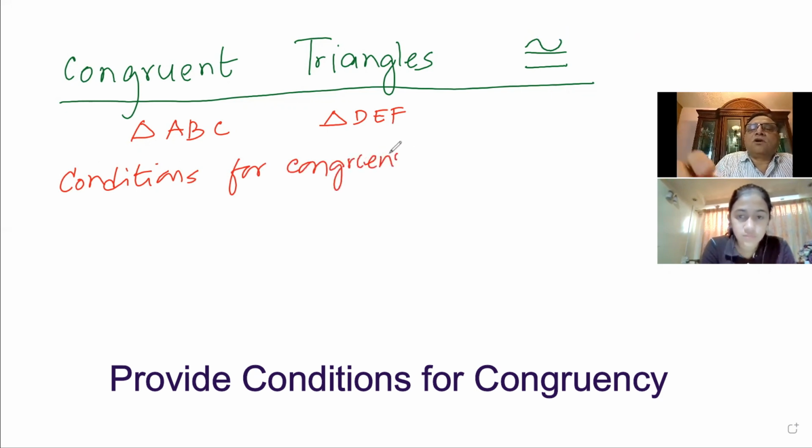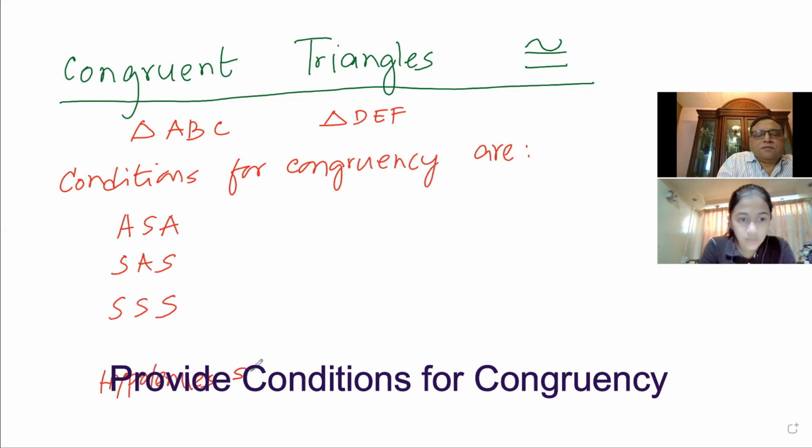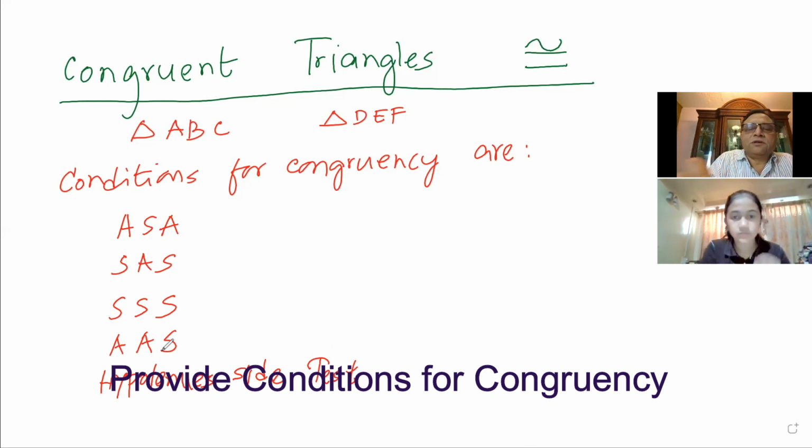So conditions for congruency, let me write. And the AAS test. So there are basically 5 tests which will prove that the two triangles are congruent, correct? So you remember that.